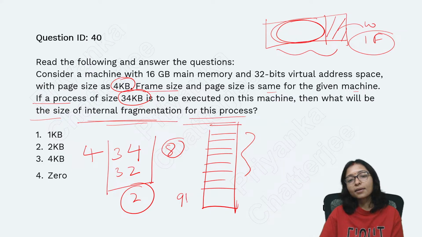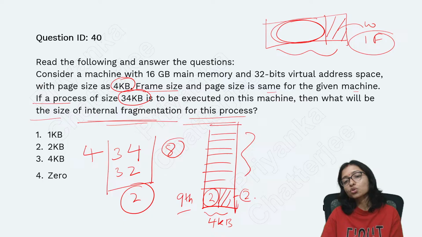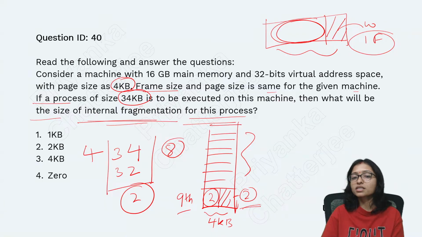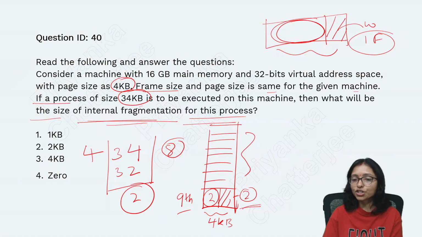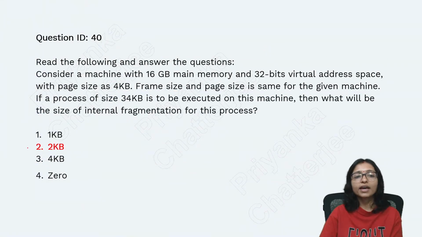Now in the 9th page you have allocated 2 KB and the remaining 2 KB is wastage. The total is 4 KB, 2 KB you have allocated, and this remaining 2 is wastage. This wastage is called internal fragmentation. That's why your internal fragmentation is 2 KB.